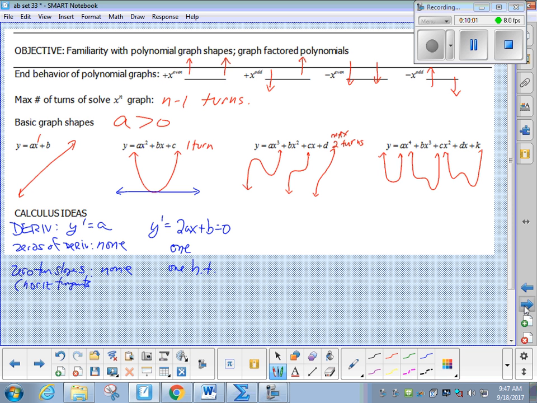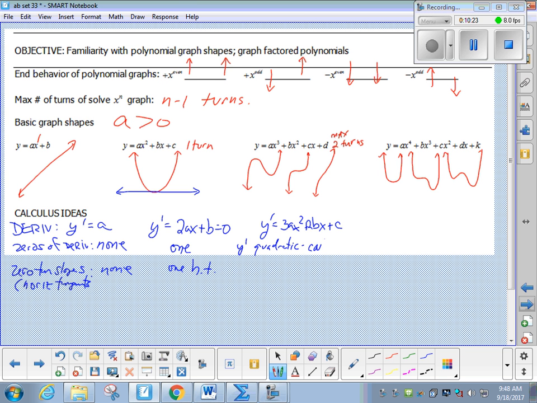Let's get into the more fun cube. What's y prime of that general equation? Now that's quadratic, right? The derivative is quadratic.